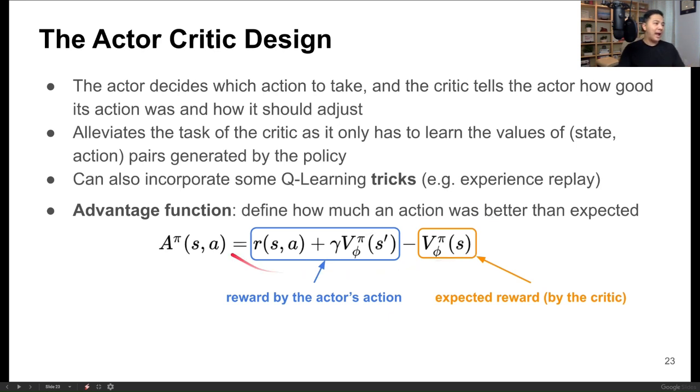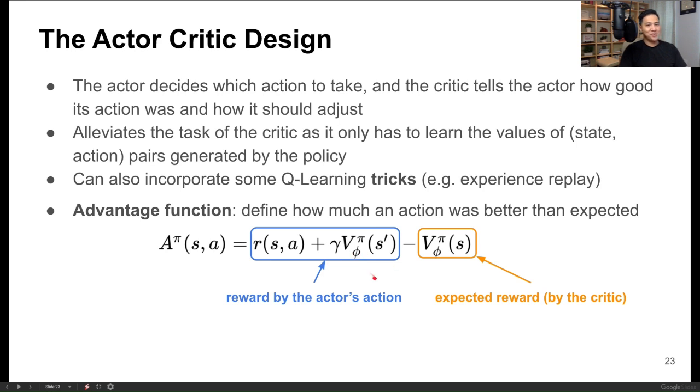So you're going to calculate the rewards based on this formulation, right? Notice the reward by the actor's action is calculated by the current reward plus the reward in the future. But this future reward is not predicted by the actor network, but predicted by the critic network, the phi network here.